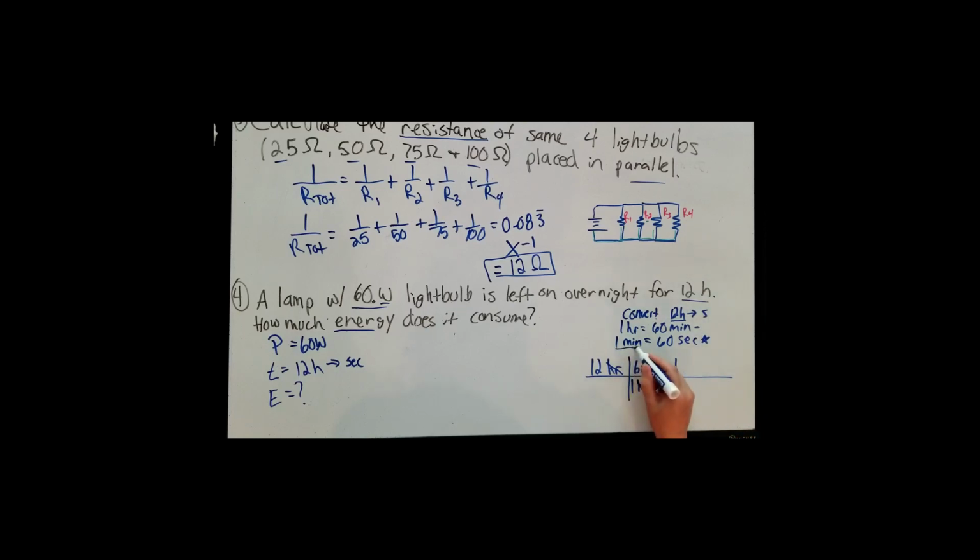So to do that, I want the minutes now on the bottom so they cancel. That's going to put my 60 seconds on the top. So to get the total seconds, I'm going to take 12 times 60 times 60. 43,200.